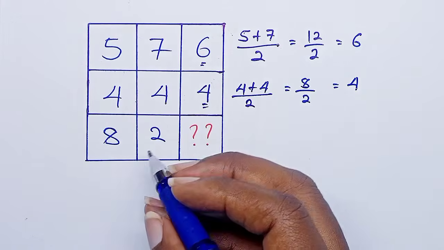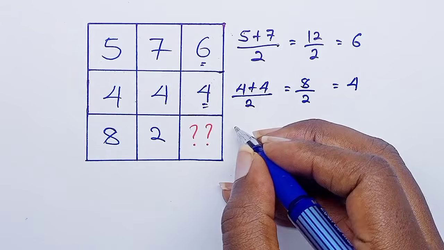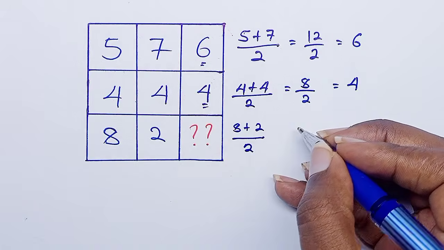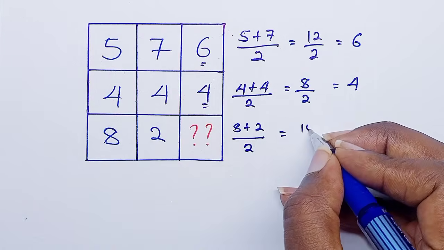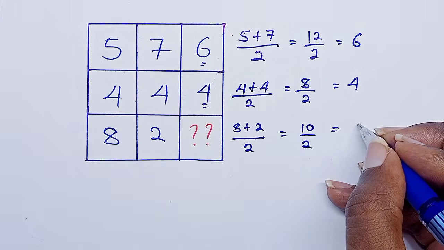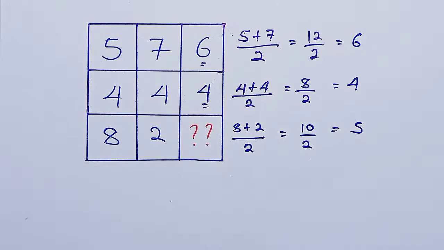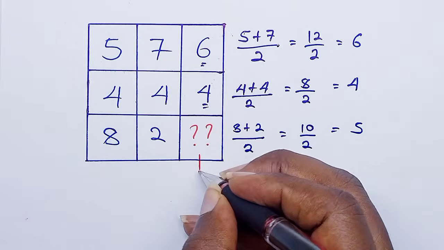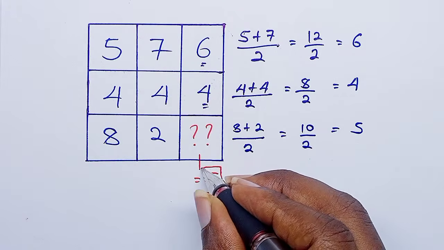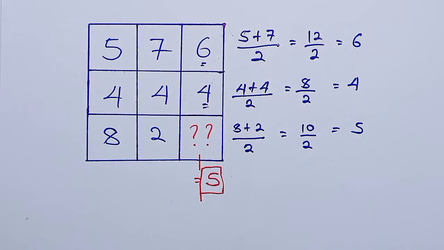So we add these first 2 terms, 8 plus 2, then divide the result by 2. 8 plus 2 is 10. 10 divided by 2 is equal to 5. Therefore, the value that goes here is 5. So did you get it right?